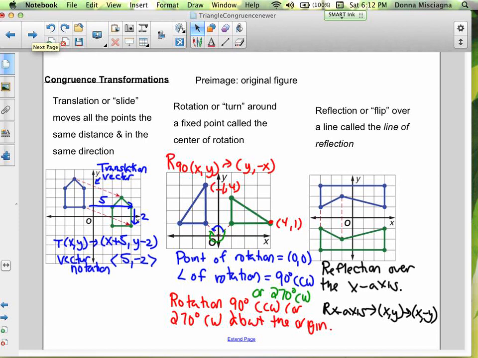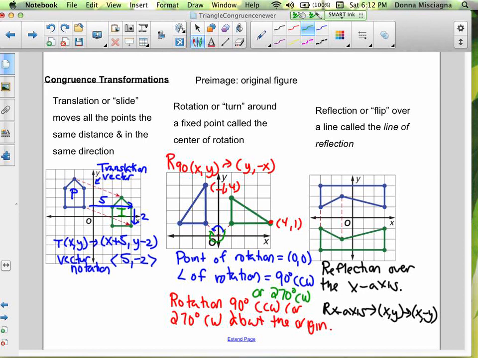Now on the second and third diagrams here, it's a little hard to tell who's the pre-image and who's the image. But on the first diagram, it's very easy to tell who's the image and who's the pre-image. The vector goes from the pre-image to the image.